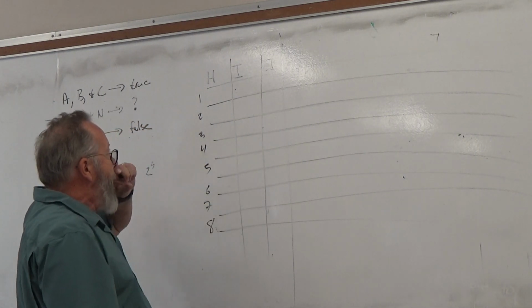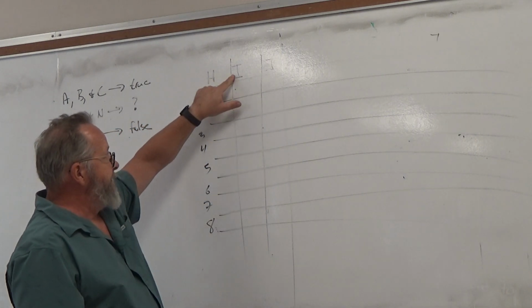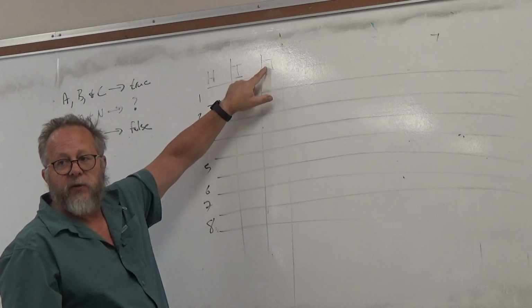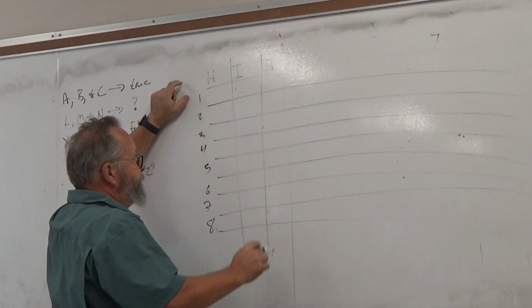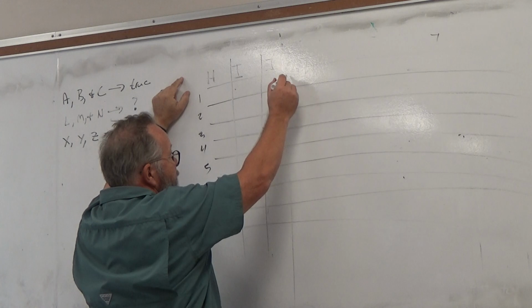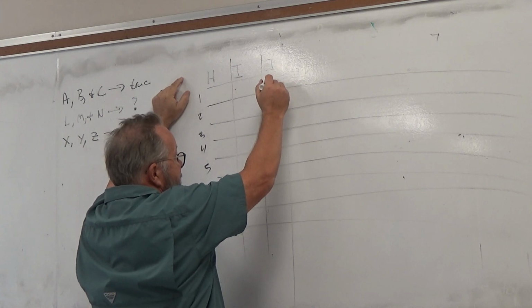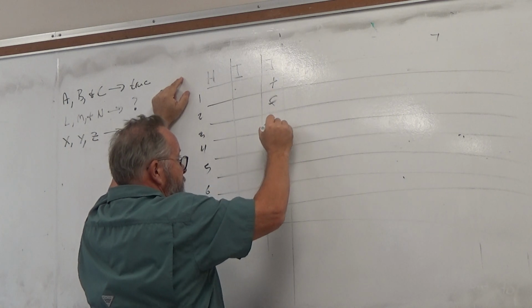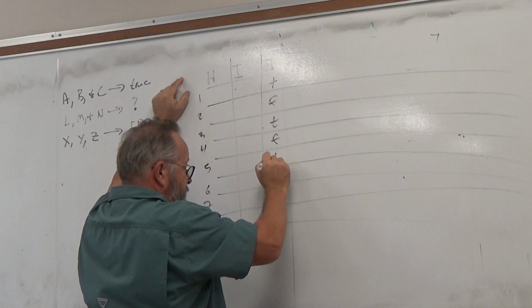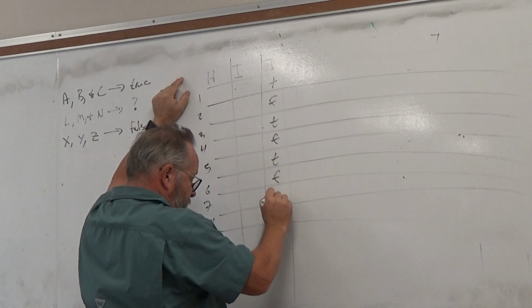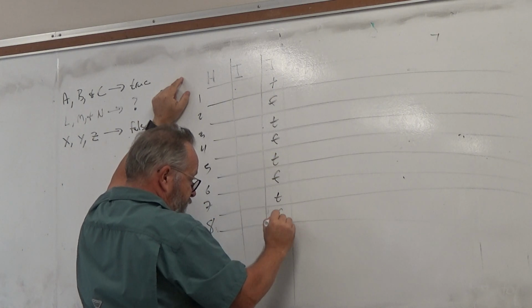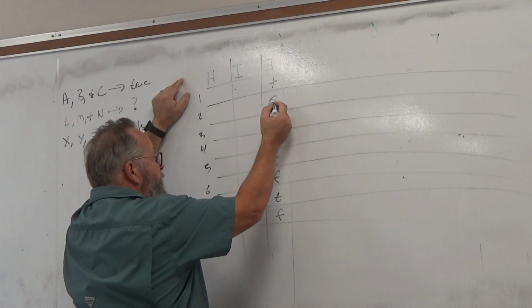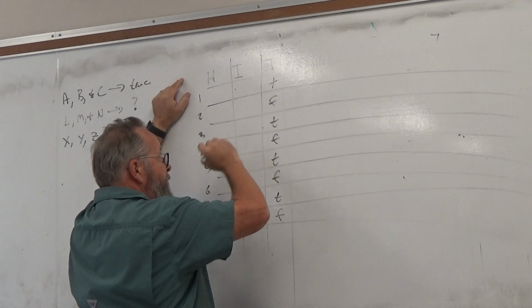And remember, our convention is to list the statement constants in alphabetical order. And start with the rightmost column and alternate between true and false until you run out of lines. True, false, true, false, true, false, true, false. As you move over to the next column, you double the pattern.